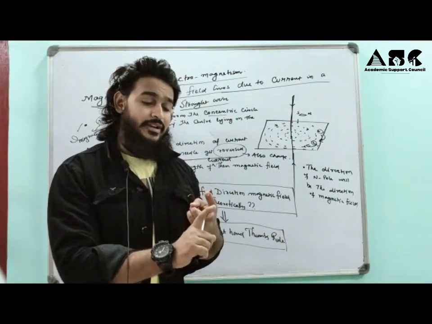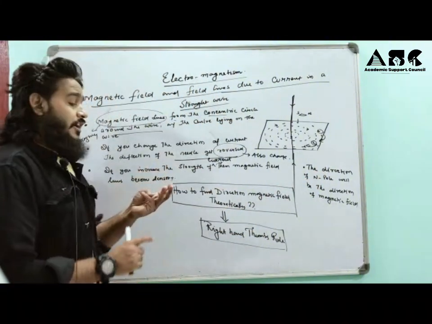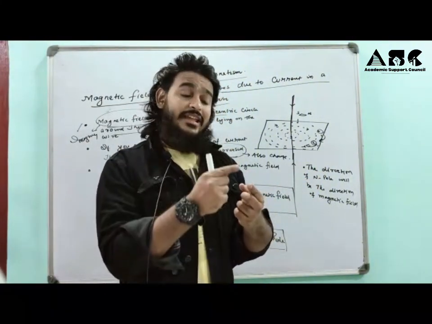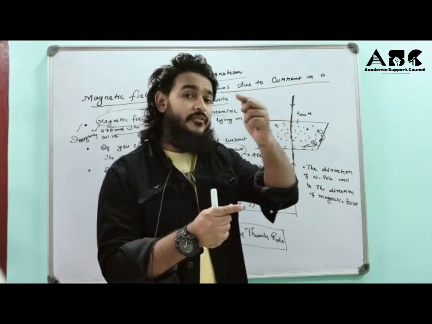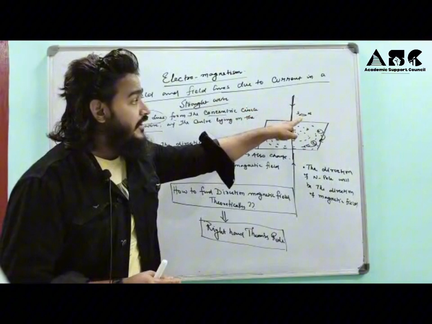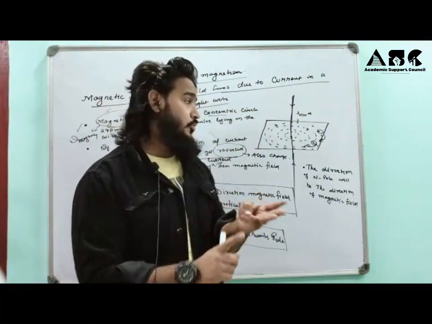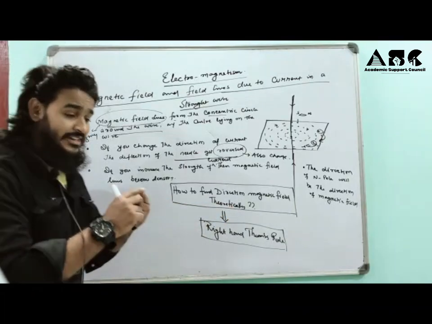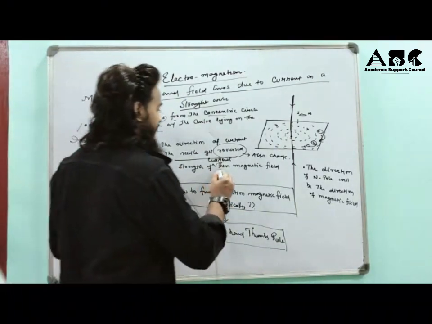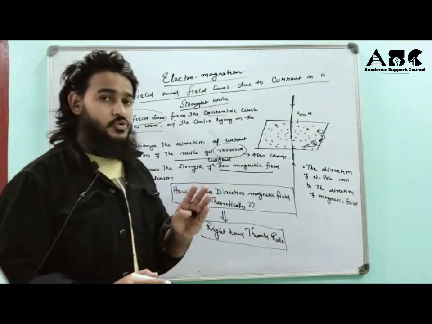The second point we conclude from the experiment is that if you change the direction of the current, the arrangement of the iron filings will not change. What will change is the deflection of the needle. And the third point: if you increase the strength of the current, the magnetic field lines become denser. I hope you are able to solve the questions that come from here.